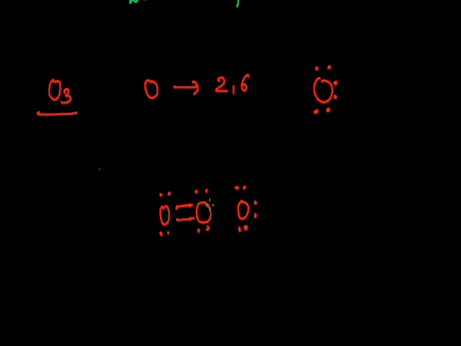And during such a condition, one of the electron pairs is completely donated by one of the atoms. In this case, it is being donated by oxygen labeled as B. The bond could be shown in this form. It could be shown in this form according to the symmetry.